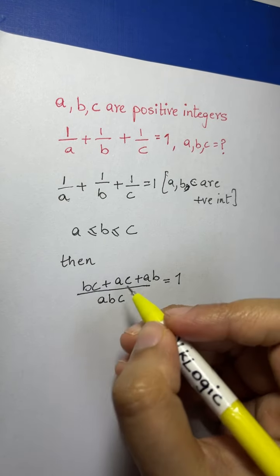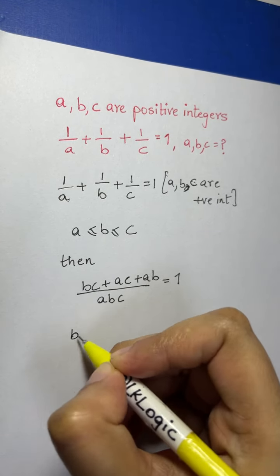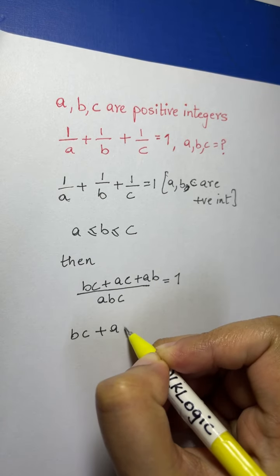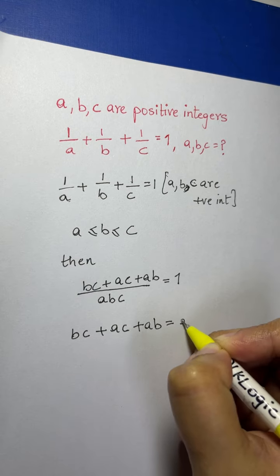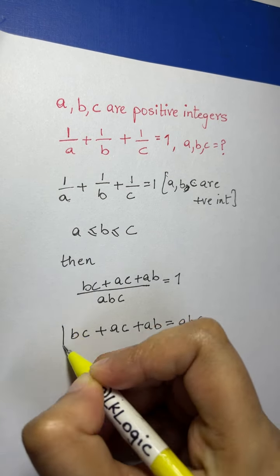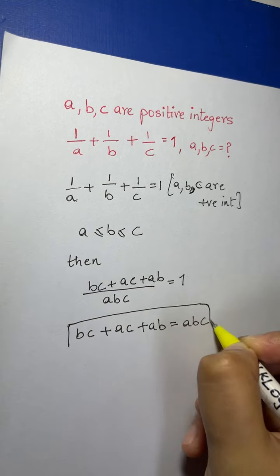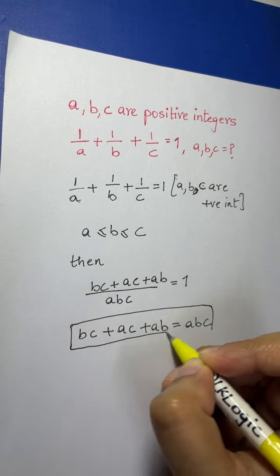Alright, now let's send abc to the other side. We have bc plus ac plus ab equals abc. So you've got something here. Let me just mark it like this.